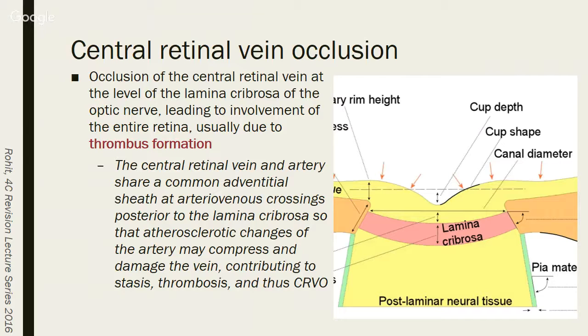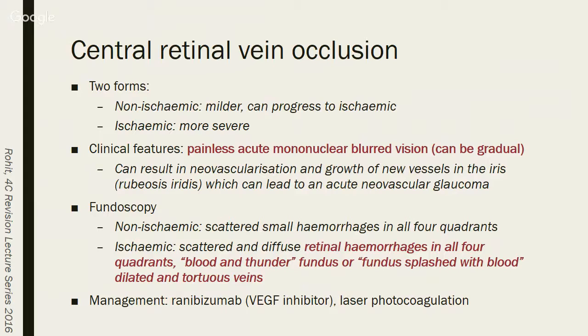Stasis, as per Virchow's triad, can cause thrombosis. It's always due to the artery. Or maybe you have some other hypercoagulable state or cancer or you're taking the OCP. Virchow's triad comes back. It's usually painless and acute, but usually slower than the central retinal artery occlusion.